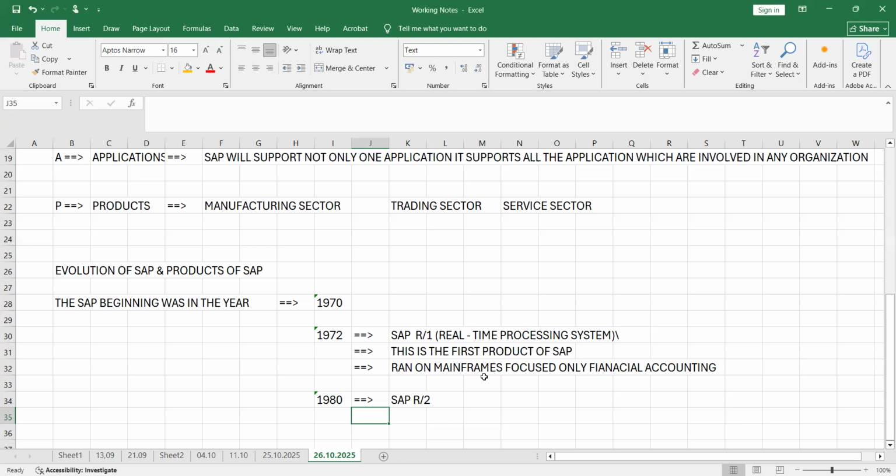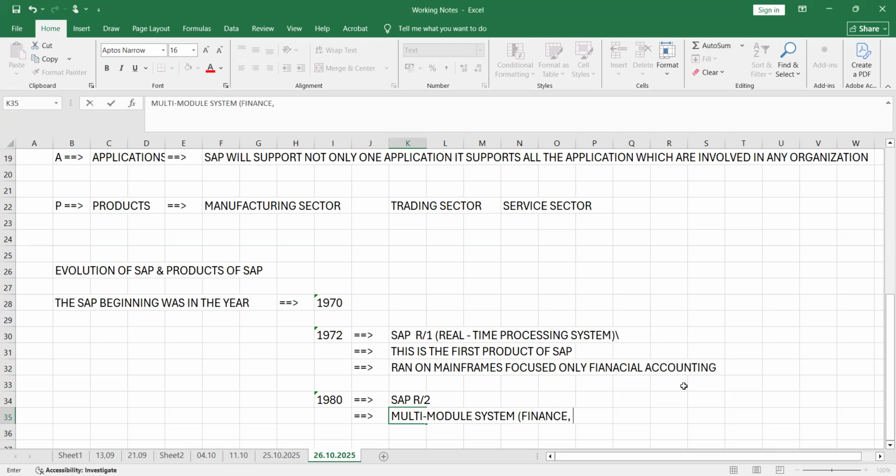Multiple modules. Earlier it used to support only finance. In the R2 environment, they came up with a multi-module system. What are the modules it used to support?